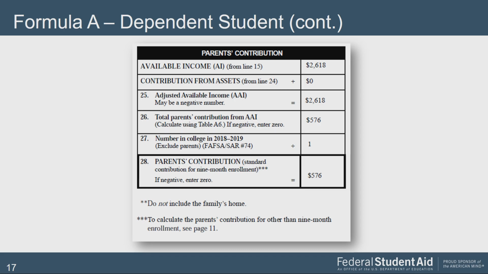But if there were two in college, we would divide that $576 AAI in half, which is why family size number in college, when you're doing verification, is such a critical verification item, isn't it? You hope you get the same answer again as what they gave you when they filled out the FAFSA, but we recognize that things change.